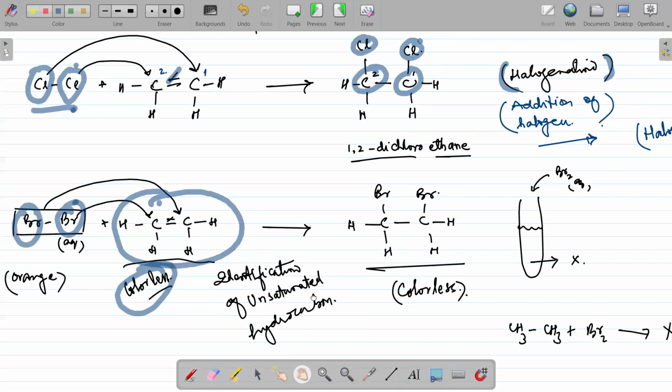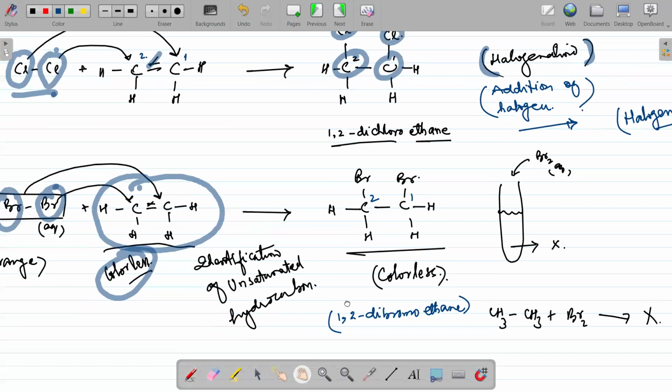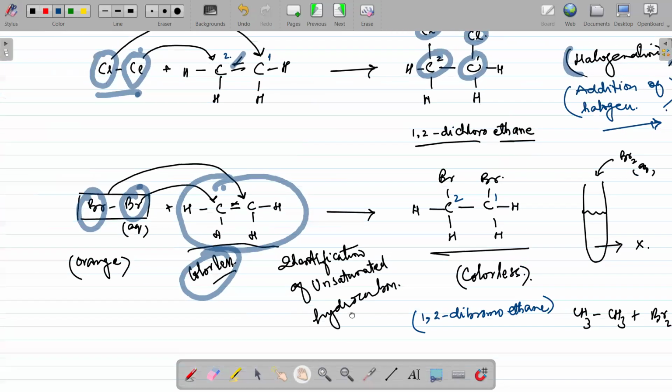So what should be the name of this compound? Definitely it will be 1,2-dibromoethane.